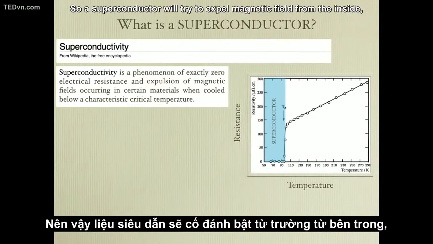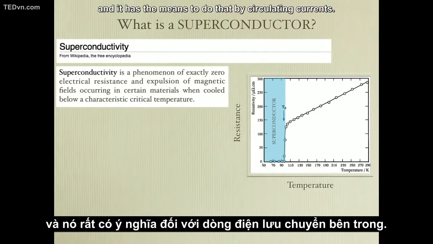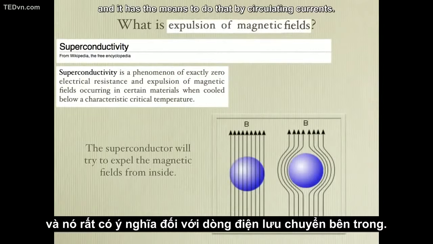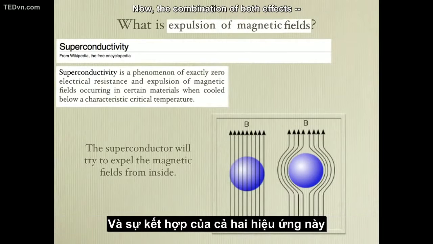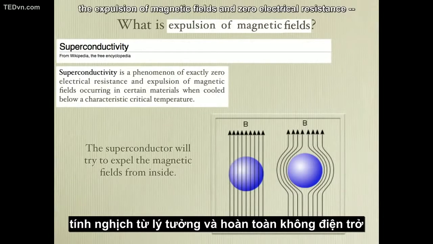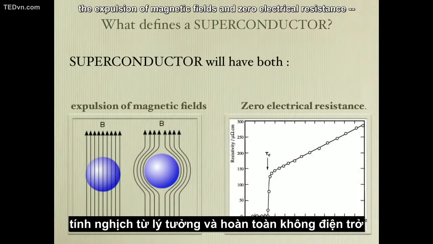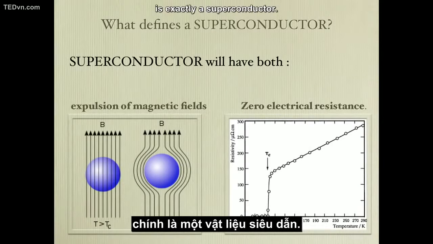So a superconductor will try to expel magnetic fields from the inside, and it has the means to do that by circulating currents. Now, the combination of both effects, the expulsion of magnetic field and zero electrical resistance, is exactly a superconductor.